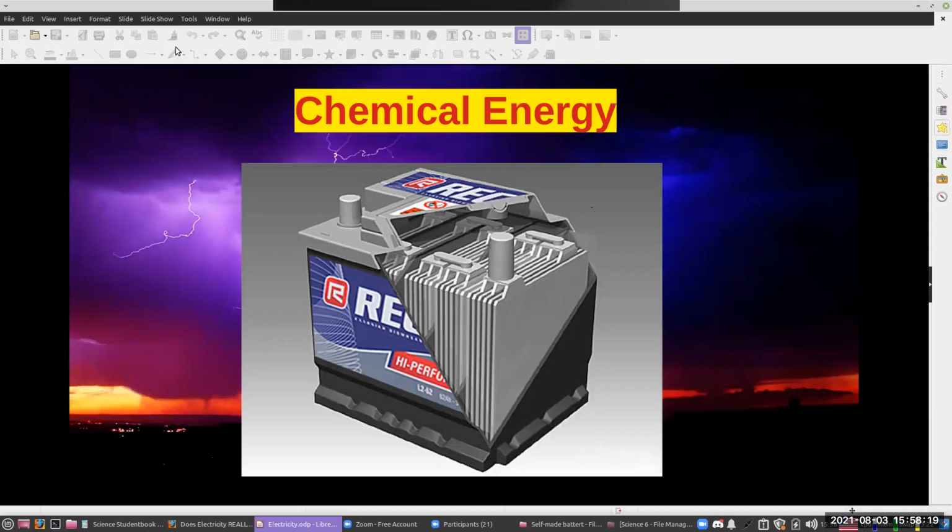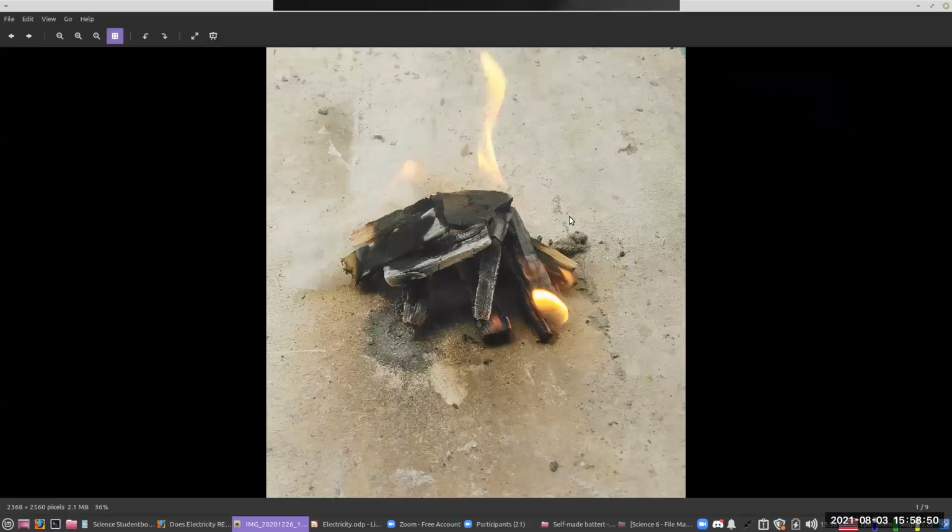You can build your own battery at home with very, very simple products. As an example, I show you here a self-made battery. I built a battery myself.